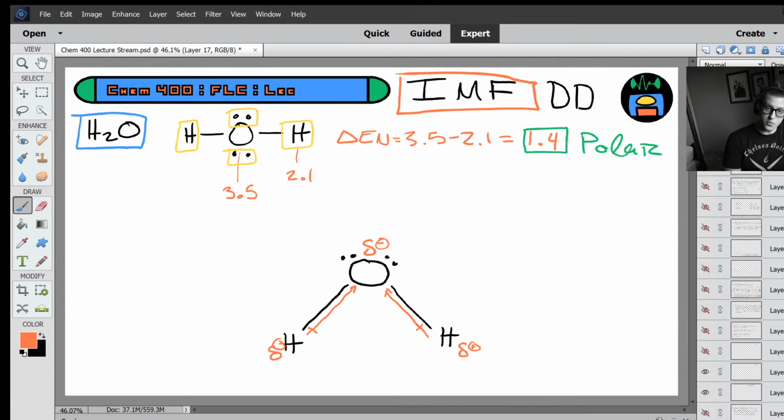Now the question, though, whether or not you have dipole-dipole forces in your molecule is not determined by whether or not your bonds are polar. It's, is there a molecular dipole? Now, here's a thing that you need to keep in mind.